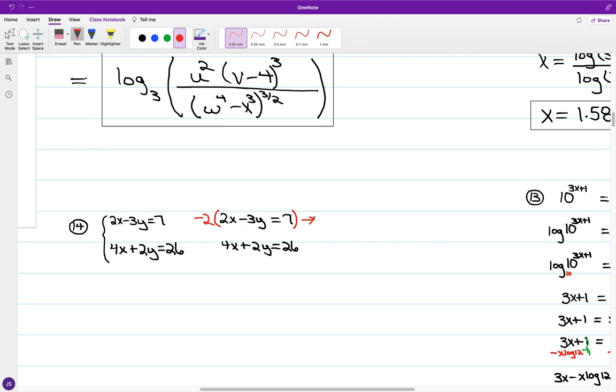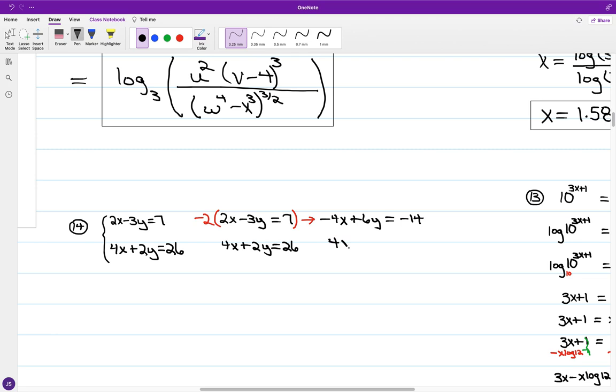Negative 2 times the first equation gives us negative 4x, and negative 2 times negative 3y becomes a positive 6y, equal to negative 14.